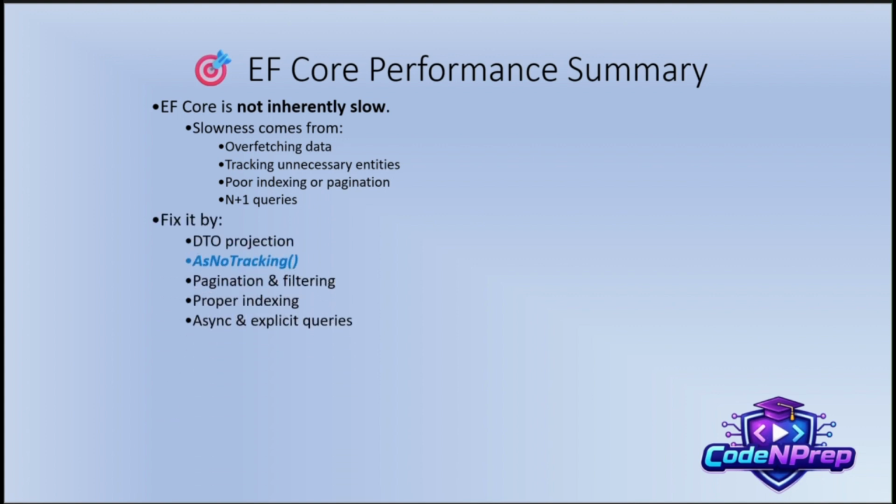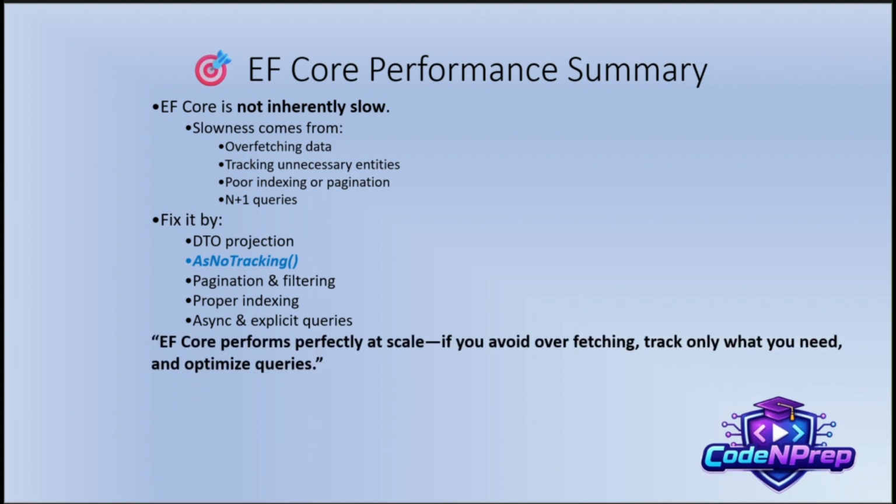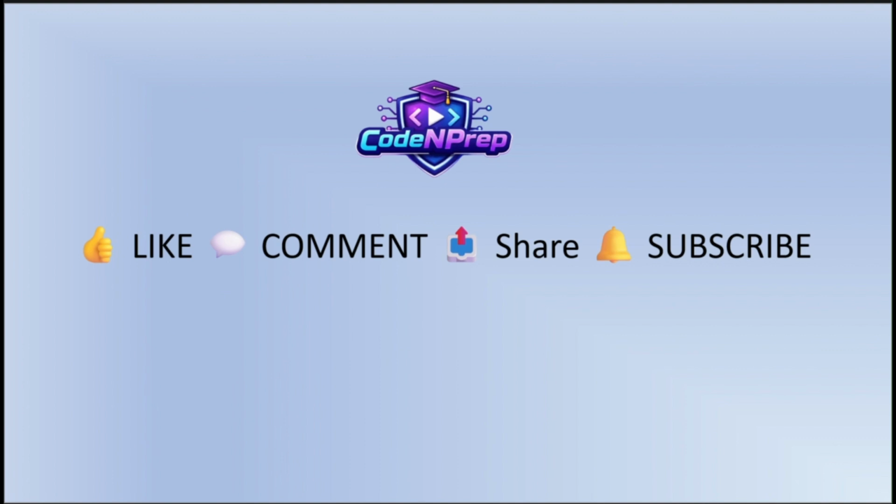So basically, some of the major key points are DTO projection, using the AsNoTracking function, pagination and filtering, proper indexing, and async and explicit queries. Entity Framework Core performs perfectly at scale if you avoid overfetching, track only what you need, and optimize queries.